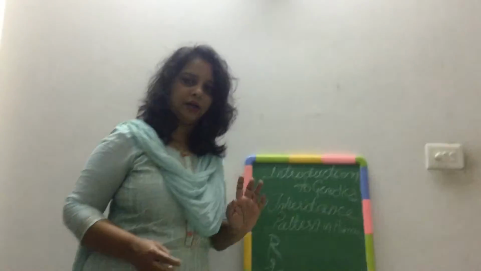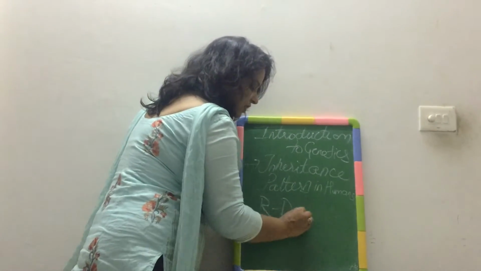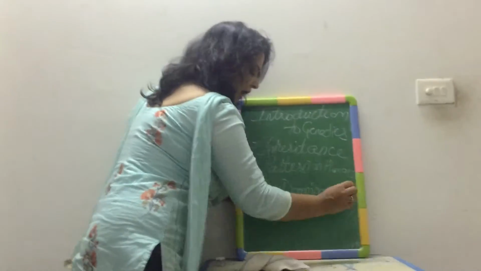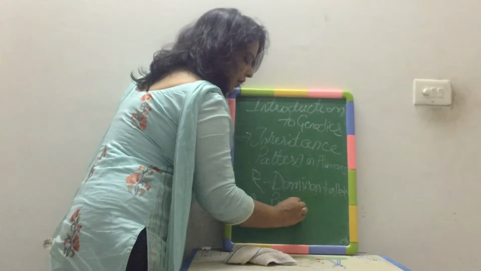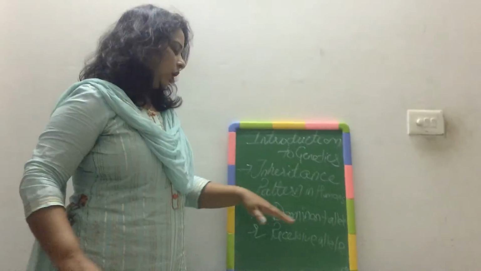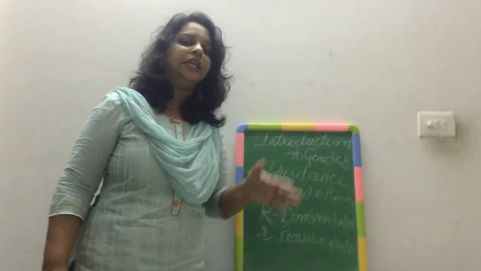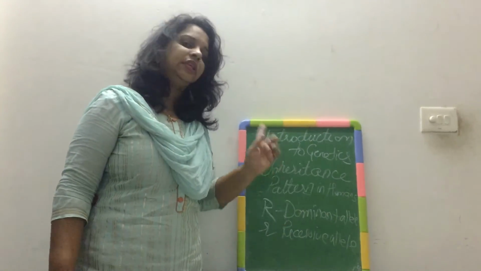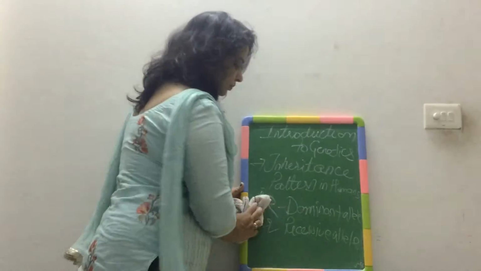So here we will take r. So this indicates the dominant allele and this indicates the recessive allele.